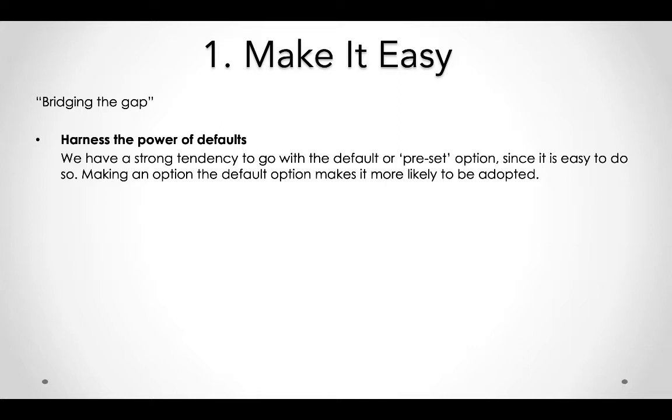Defaults are very powerful, and we saw some examples of them in the course. They have to do with 401k automatic enrollment and the organ donation scheme, where defaults were very powerful and had strong outcomes.